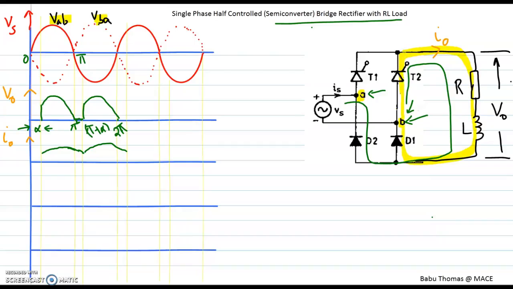Now it is flowing like this. So the load has a short circuit path for the current to flow, and therefore the output voltage V0 becomes 0 again. So now that sequence will be repeating for the rest of the cycles.